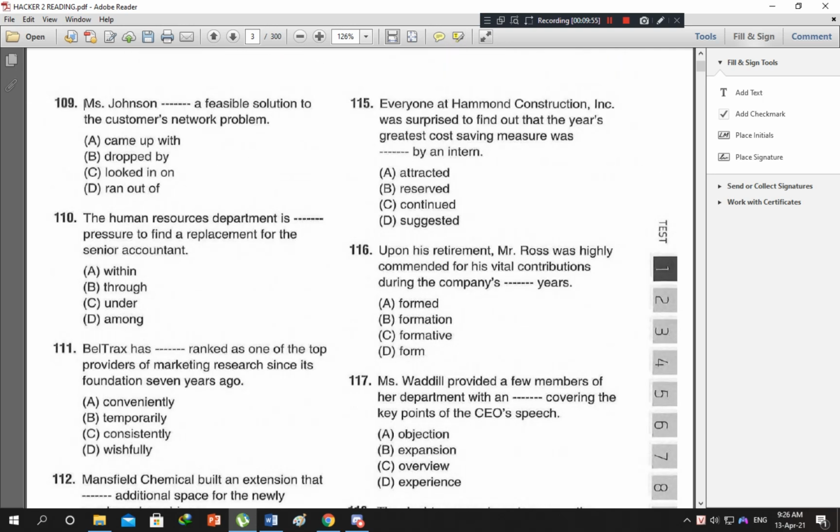109, Miss Johnson. If you look at the answers right now, this one is a translation. We have to translate the words here. Miss Johnson something a feasible solution. So Miss Johnson has a solution. Have a solution is come up with. She comes up with a solution. She gives a new solution to the problem. The phrase drop by means you come by someone's house.